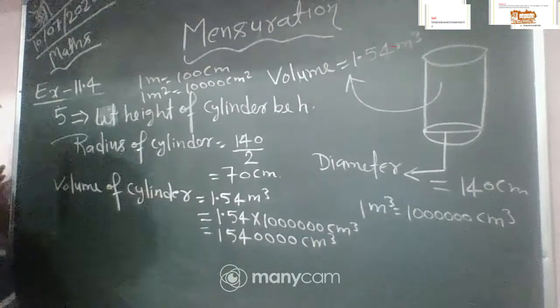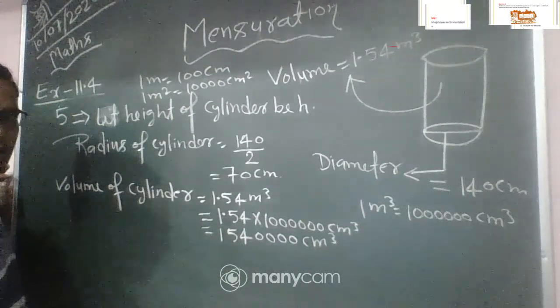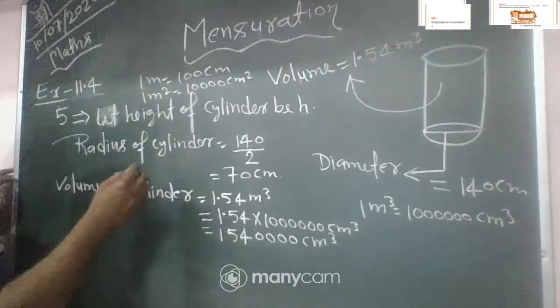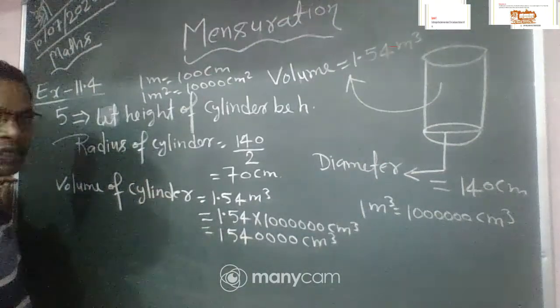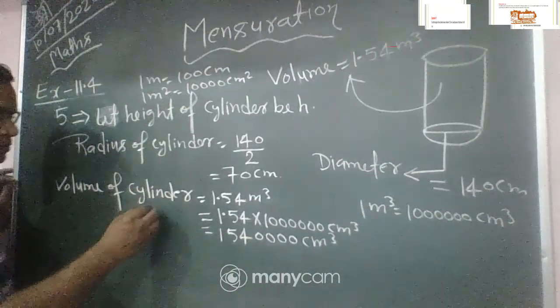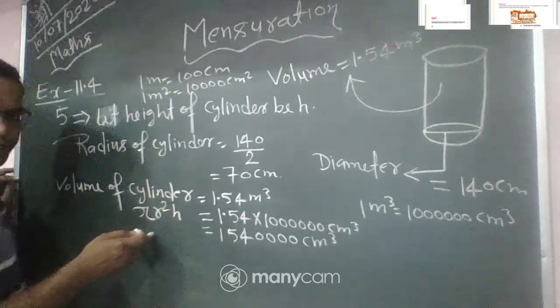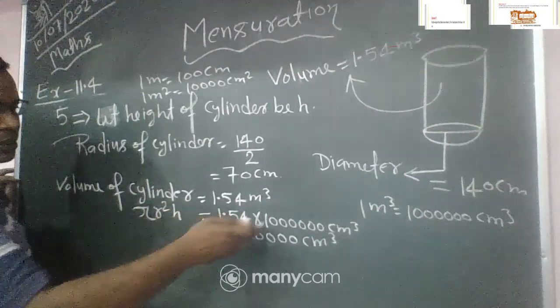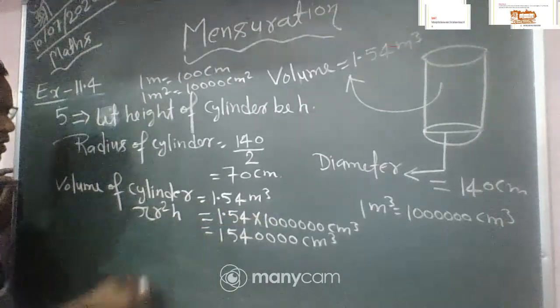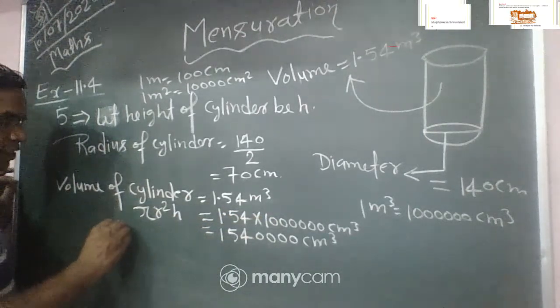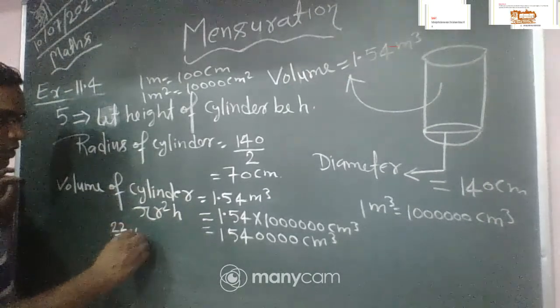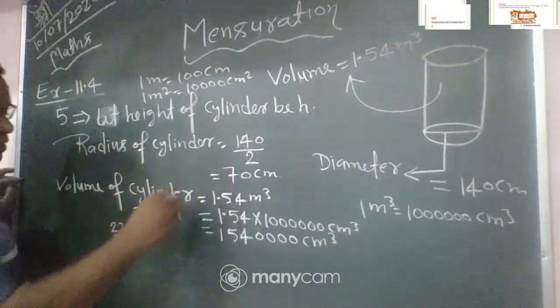Now you find the height of cylinder. So you know that volume of cylinder is pi r square h. So we can write here pi r square h. This is volume of cylinder, and this is given, this is equal to that. Okay, so value of pi is 22 by 7 into value of r, means radius is 70.